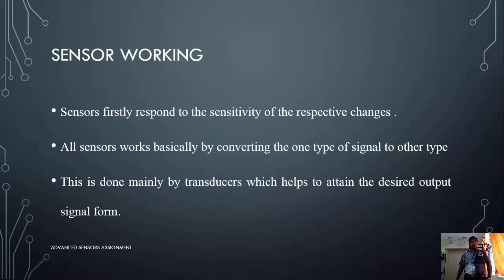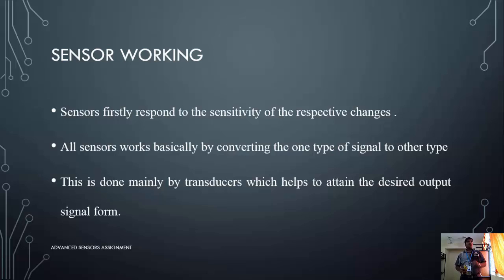Now, the working of sensor. In working, sensors firstly respond to the sensitivity of the respective changes, which means it will first observe what the conditions in the environment are. All sensors work basically by converting one type of signal to another type.